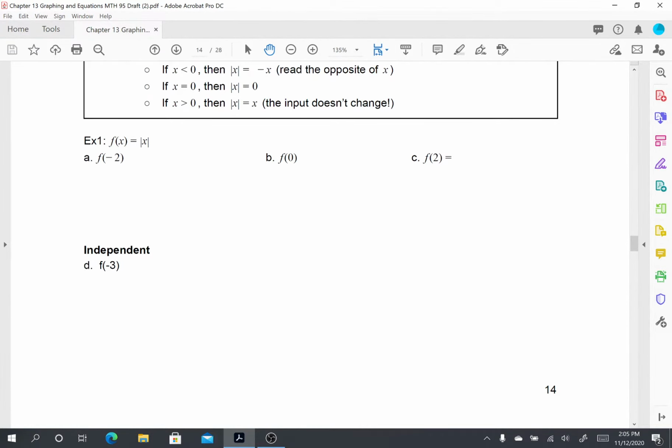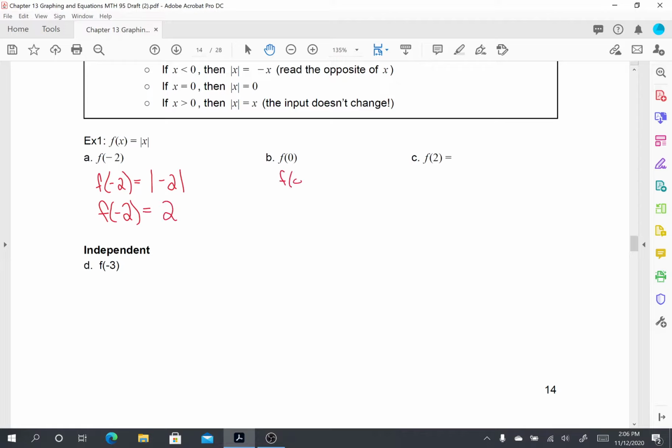If f of x is the absolute value of x, then f of negative 2 is the absolute value of negative 2. And how far is negative 2 away from 0? It is 2 away from 0.